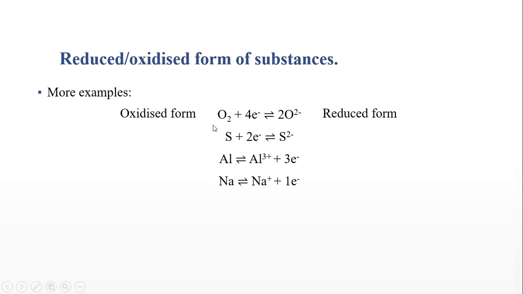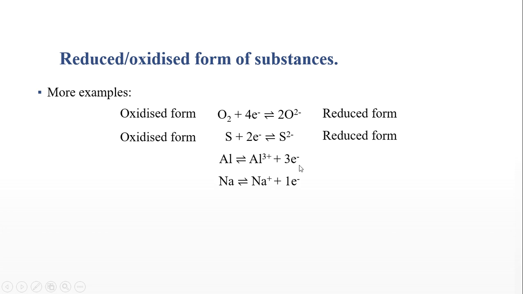The same thing can be said about this sulfur here. If it gains electrons and turns into a negative ion, it will be reduced because it gained electrons. If these sulfide ions react back, well, then we will have an oxidation, right? Because we give away electrons again. And both of these are possible, dependent on the type of chemical reaction that we use. Aluminium then. Well, if aluminium reacts, it typically forms aluminium ions.